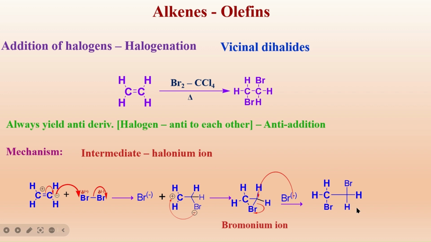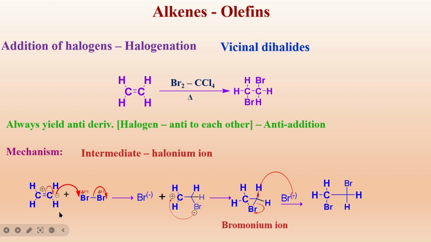The product is more stable than the starting material. That's why the reaction occurs. This intermediate is highly unstable. It has very high energy compared to the starting material or the product. That's why it is highly unstable.